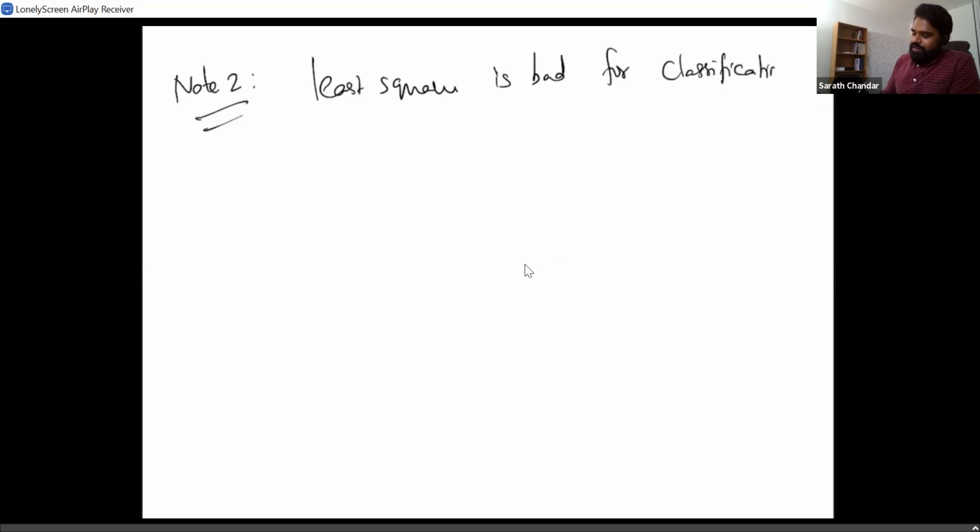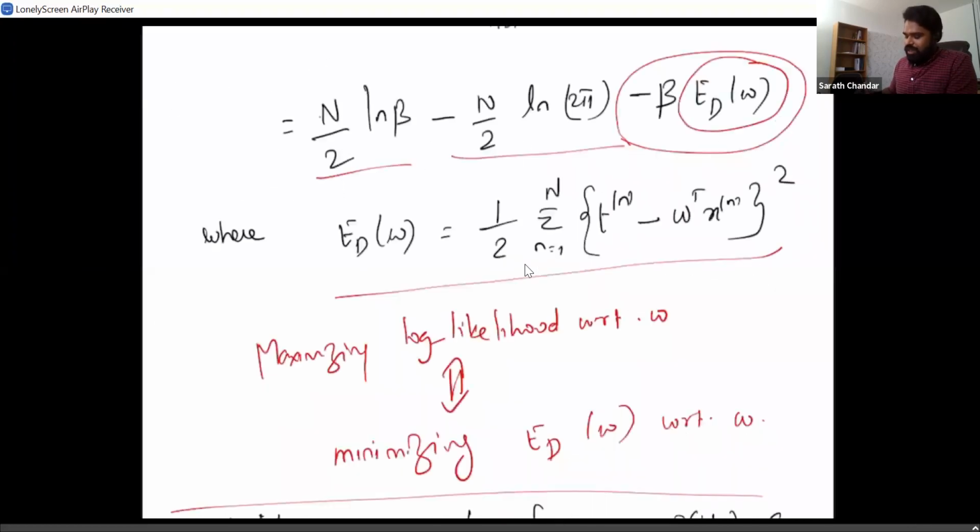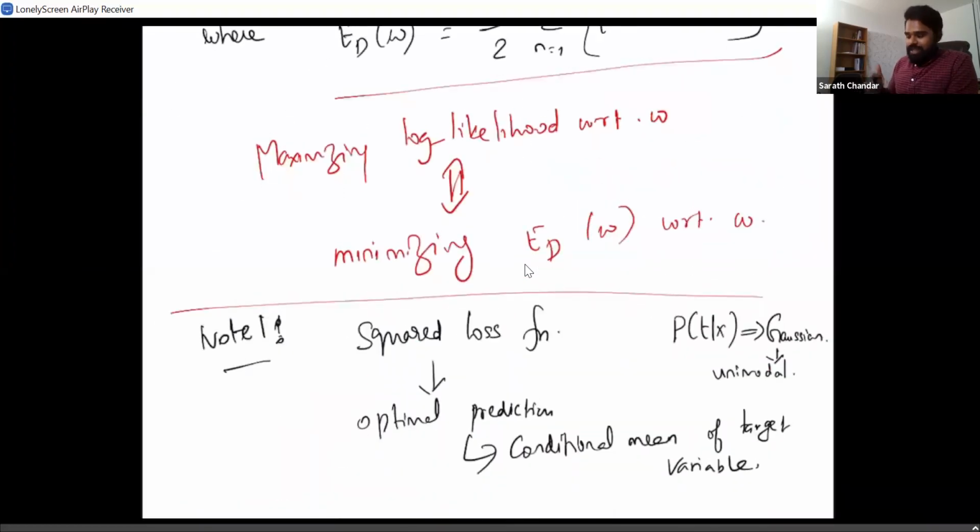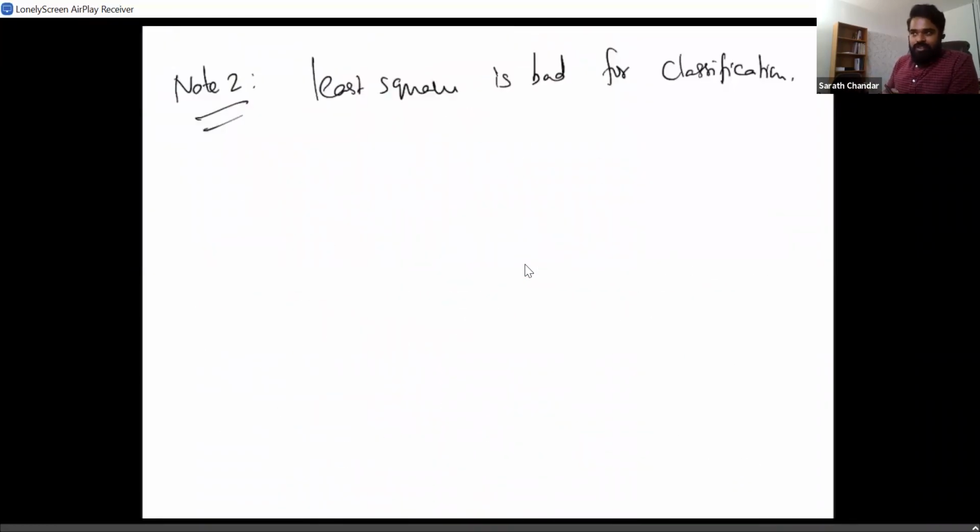Remember when we started doing classification, we wanted to borrow whatever algorithm we had learned in linear regression. So we were doing least squares for classification, right? Now this Gaussian interpretation tells us why least squares is bad for classification. In classification, t is a binary variable.